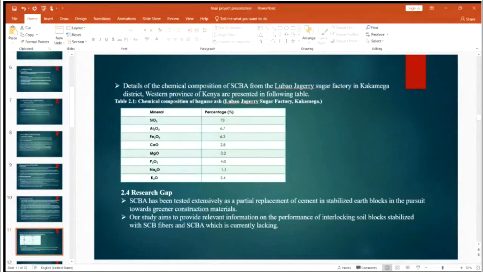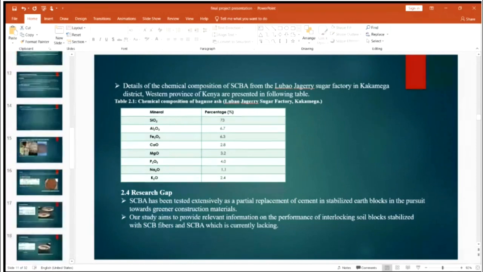For our research gap, sugarcane bagasse ash has been tested for stabilizing blocks before, but there has not been any study of the fibers and the ash being combined together to show increased strength in the blocks.